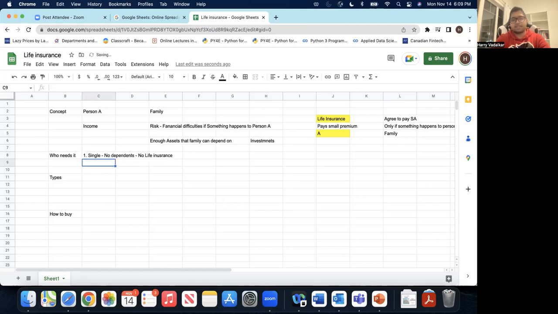If you have enough wealth that could be used by the family in case something happens to you, then also you don't need life insurance. But if those things are not there and there are people who depend on you, maybe a spouse, maybe the kids, then you need life insurance. If you have dependents, then most certainly you need life insurance.